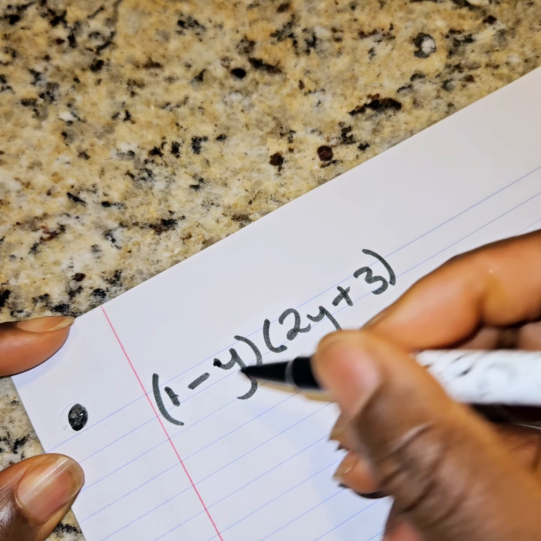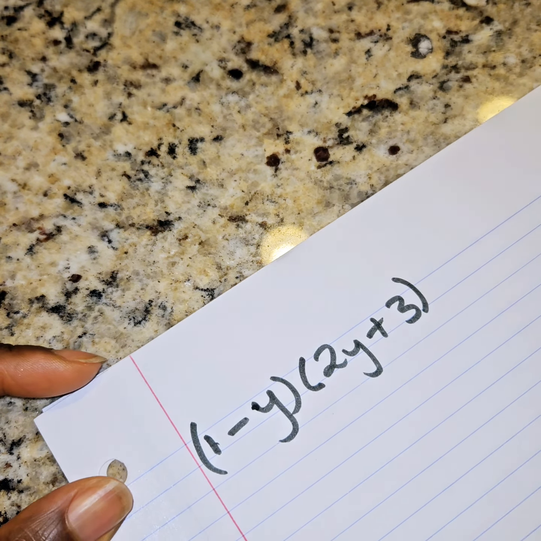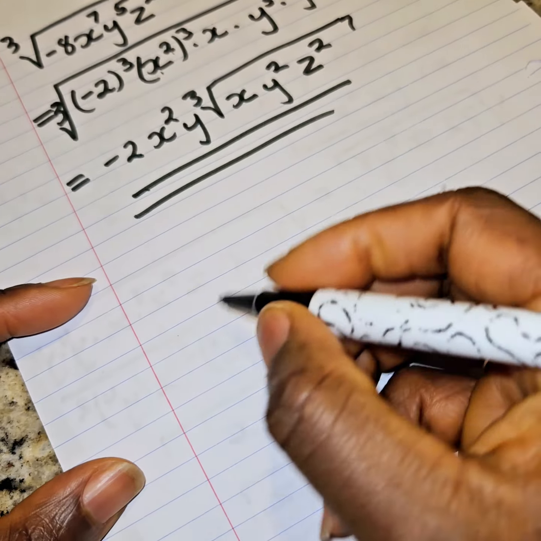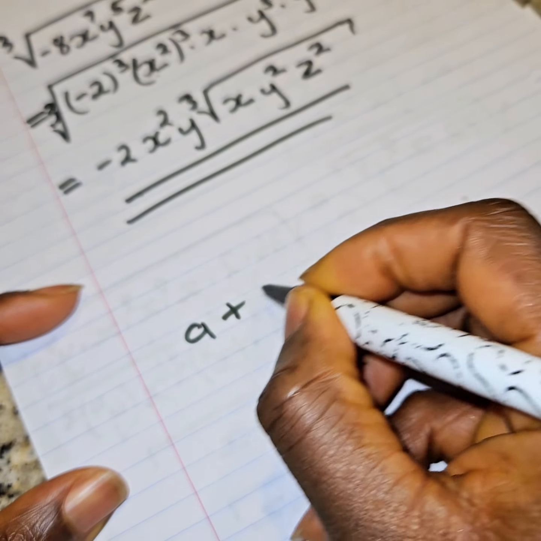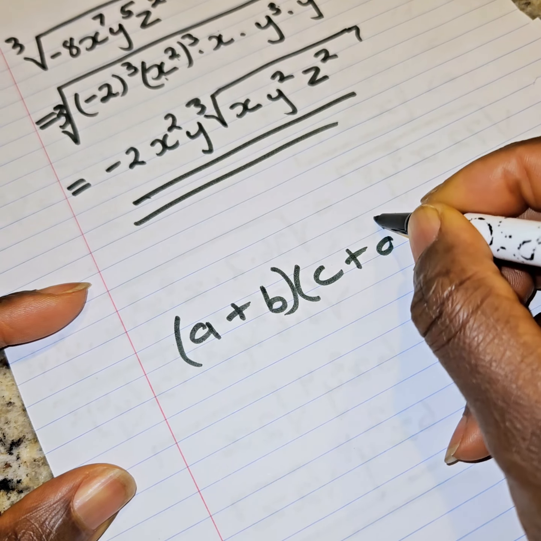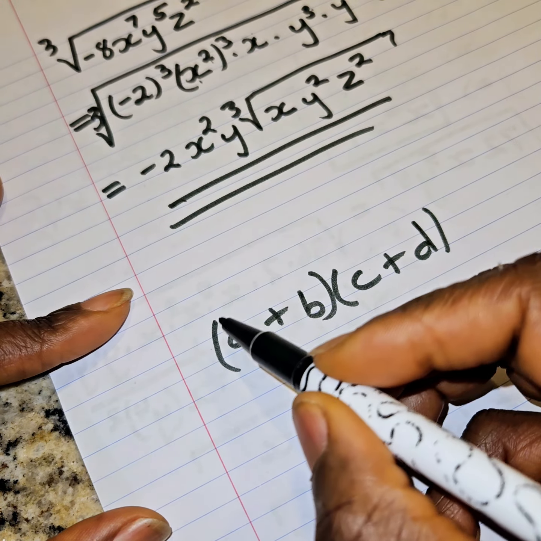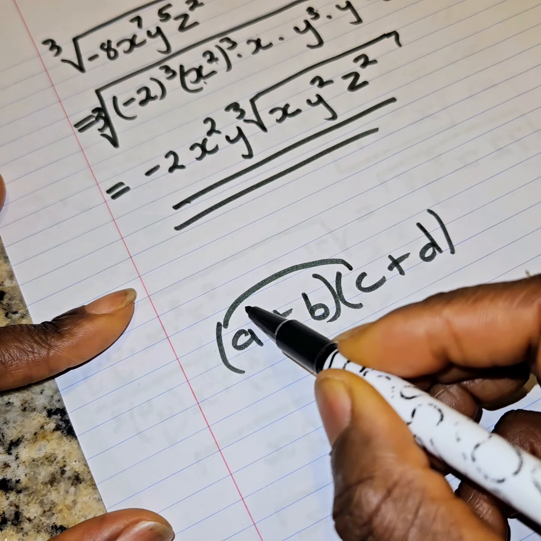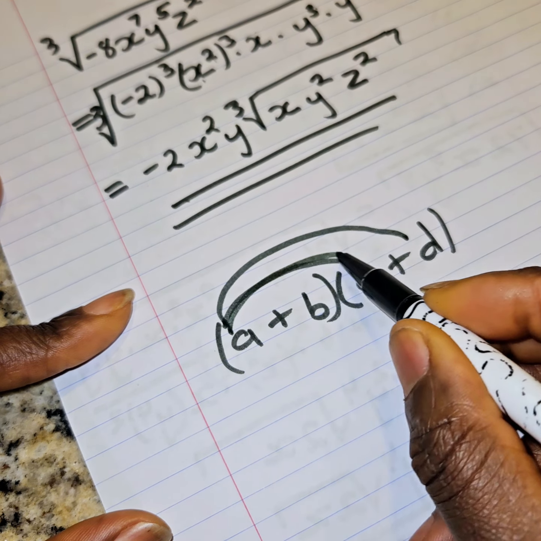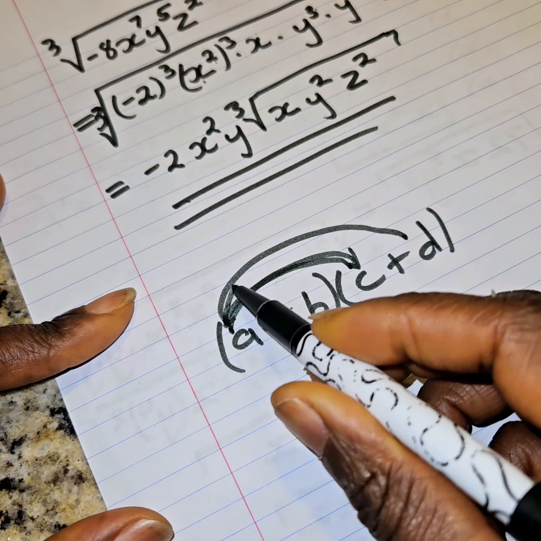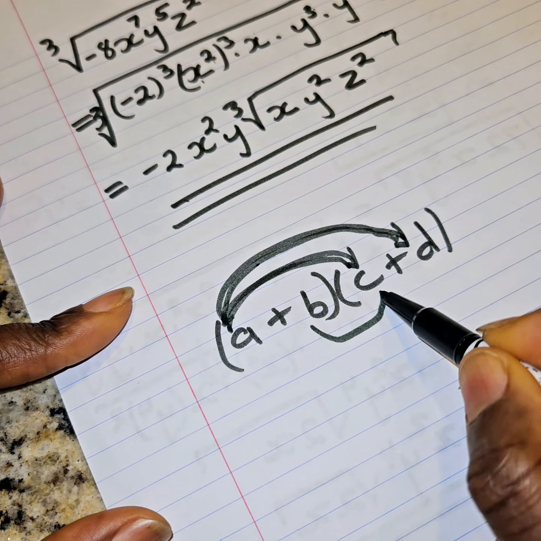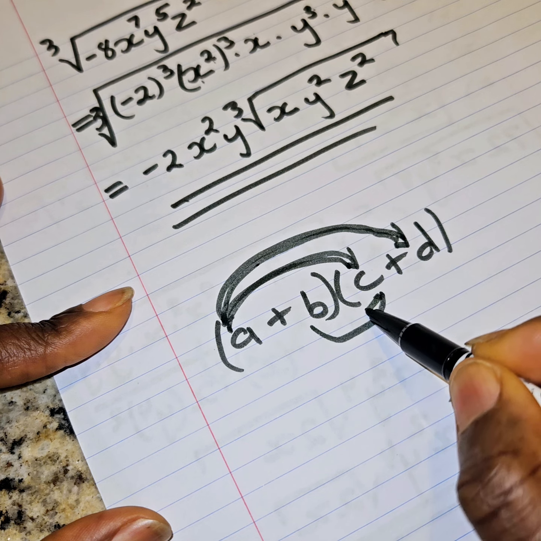Now, for us to do this, let me just write the formula somewhere very quick of what we will be doing. So I could have a plus b times c plus d. The goal here is you take this multiply by that, take this multiply by that, and add all what you had before.